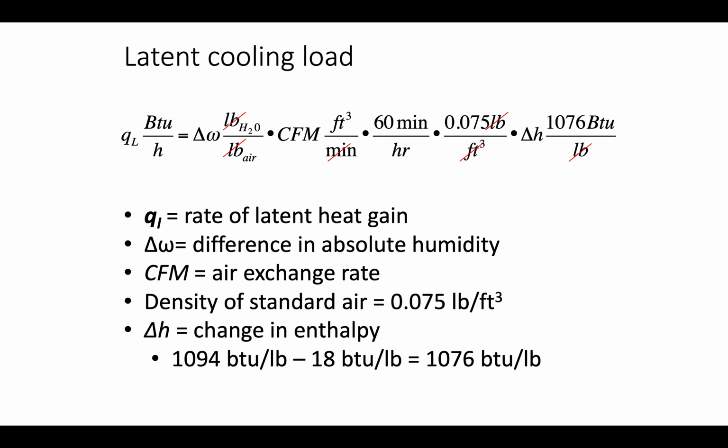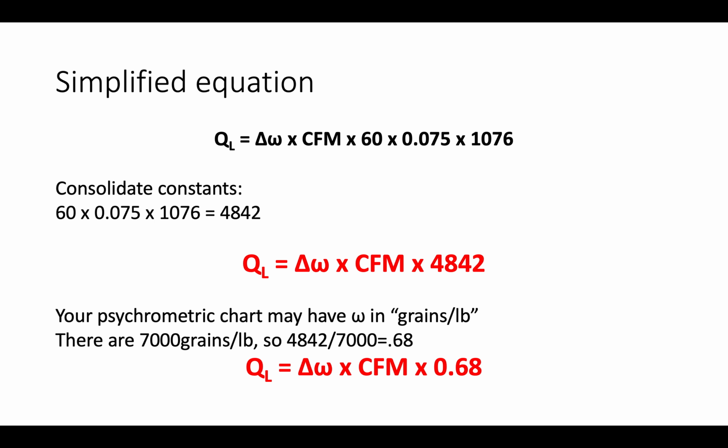Then, for cubic feet per minute, we want to change that from minutes to hours, so we multiply by 60, and now we've got it in hours. I failed to cross off the second cubic feet, but it also cancels here, so we can see that we have our simple equation for the latent heat gain from that volume of air per minute.